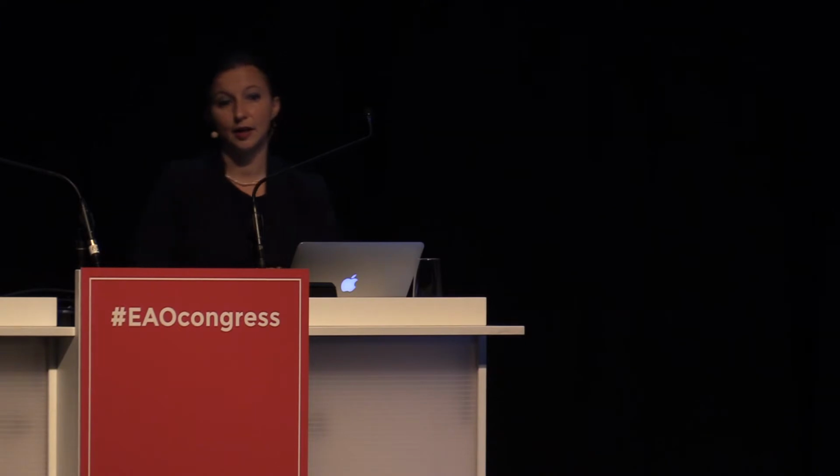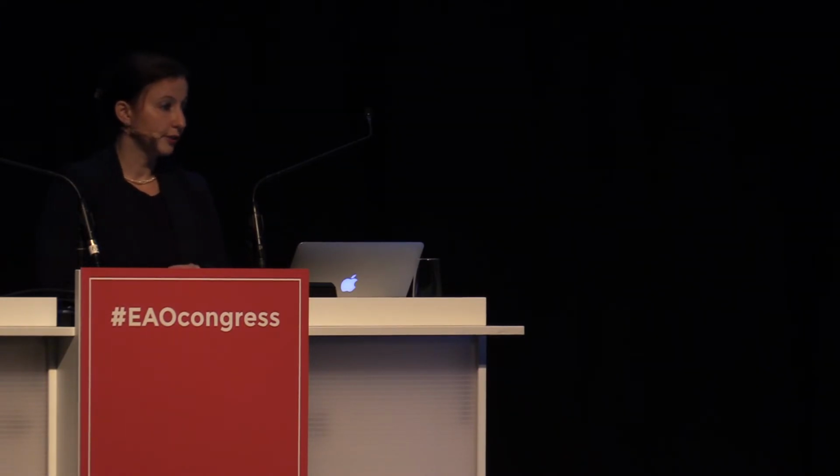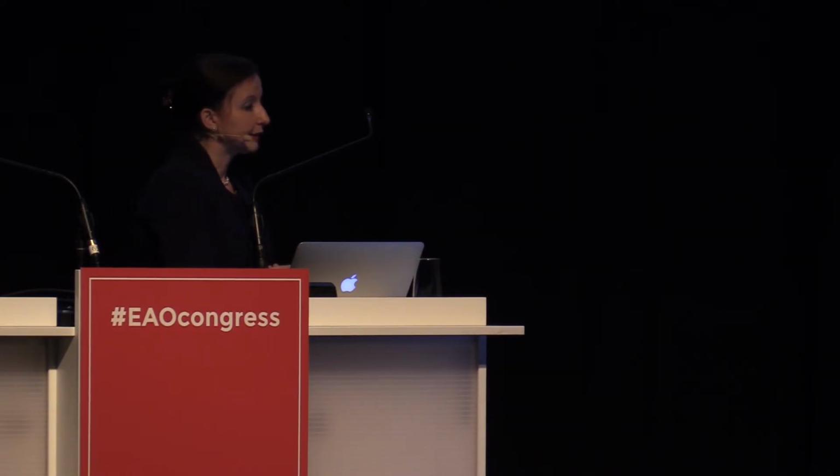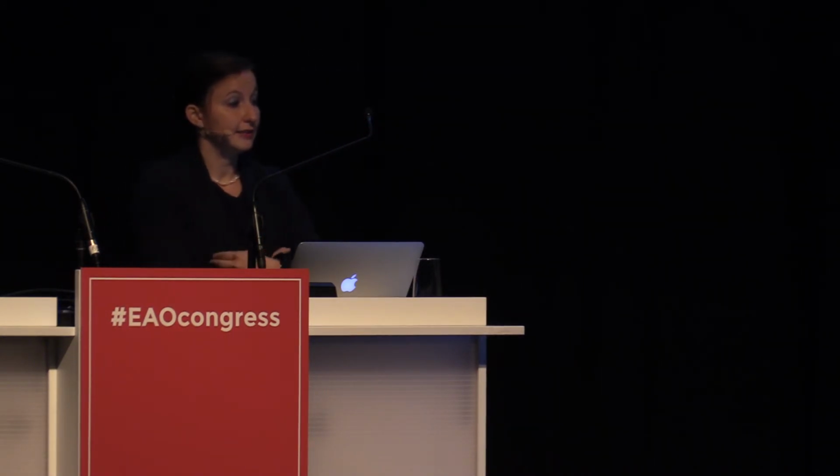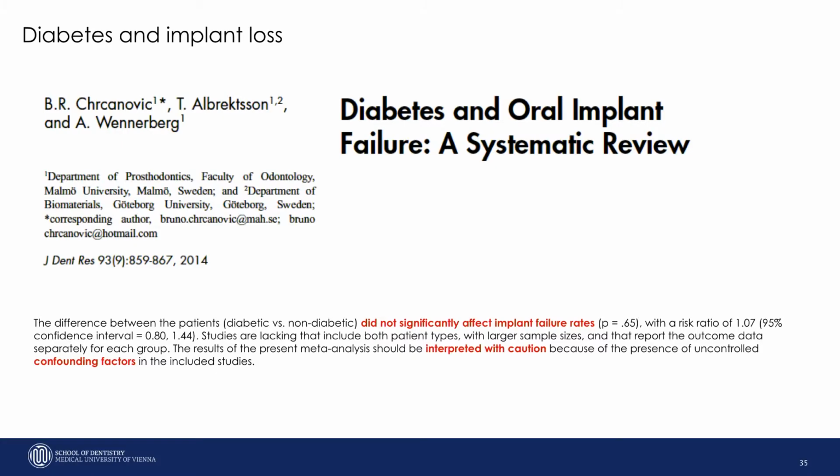So when we go to diabetes, as Paul has already mentioned, the literature is very contradictory. This is a recent systematic review from 2014, published in the Journal of Dental Research. And what you can see here, the conclusion is that diabetes did not significantly affect the implant failure rate. So when you read this, you think, what did we do for 20 years?